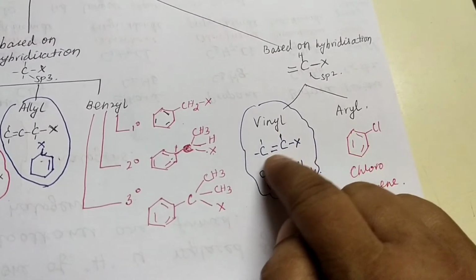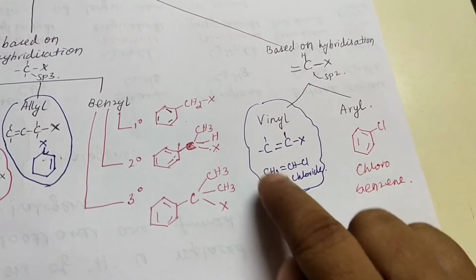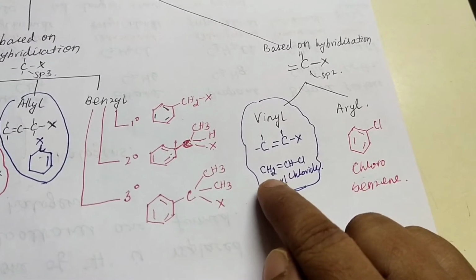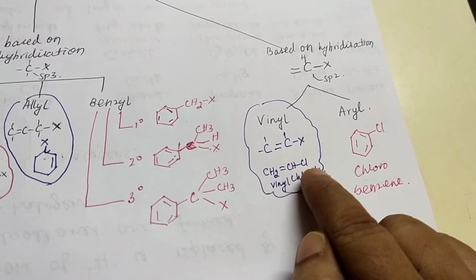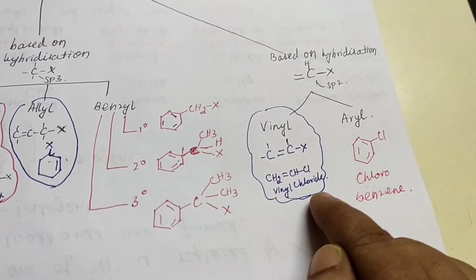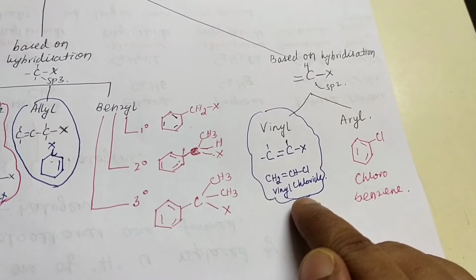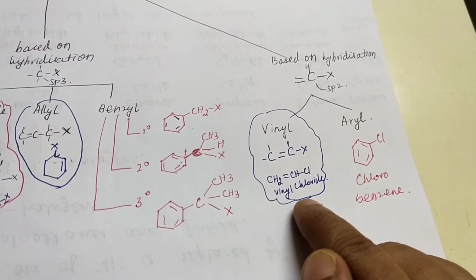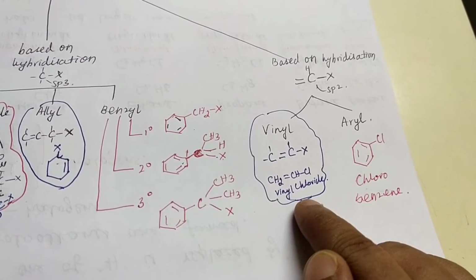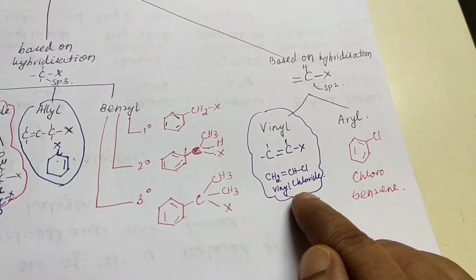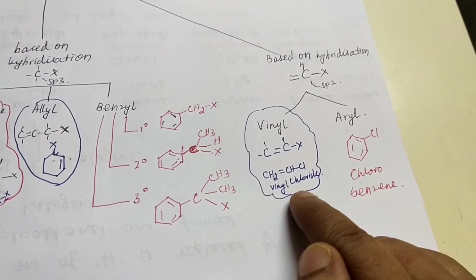If the other valencies are with hydrogen, it becomes CH2=CHCl, vinyl chloride. This vinyl chloride polymerizes to give PVC, polyvinyl chloride. We know the uses of polyvinyl chloride, and we will read about it in a later lesson under polymerization.